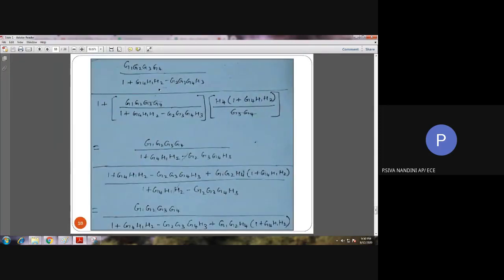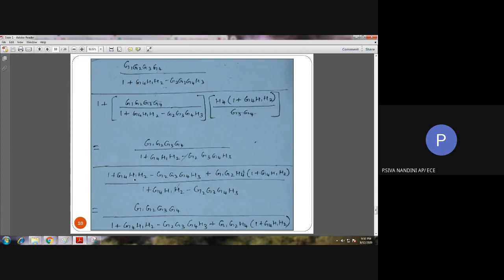See here, first we have to cancel this G3, G4 available in the denominator. G3, G4 is common to both the numerator and denominator, so we cancel it, and then we multiply the denominator with this 1, that is, by taking the LCM.